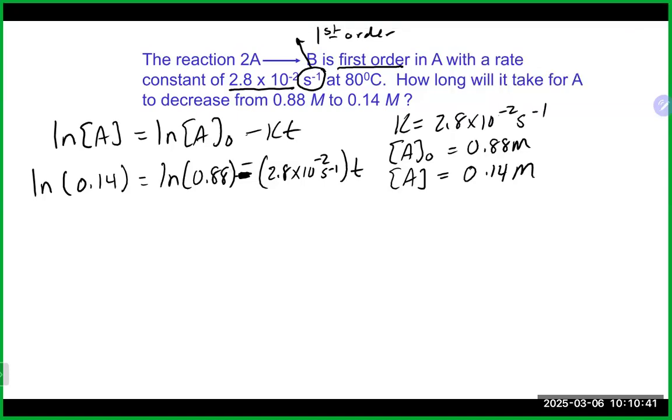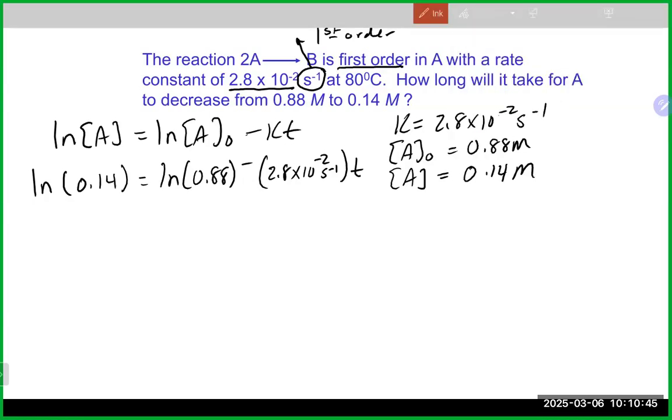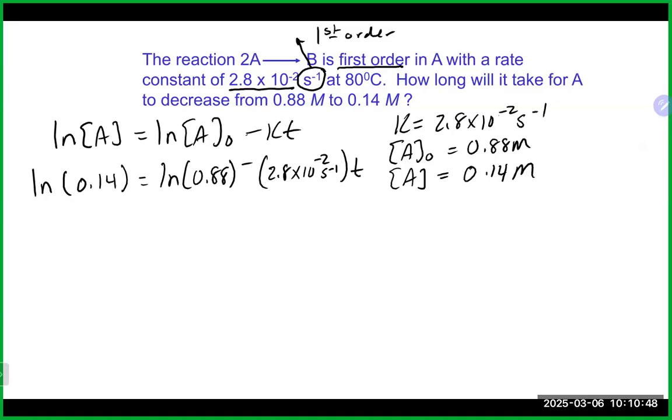Now we want to make sure we punch it in correctly. So personally, if I was to do this, which I'm going to do right now, I would take the natural log of 0.14 and hit equals. I then basically will be subtracting that to the other side, minus the natural log of 0.88, and hit equals.